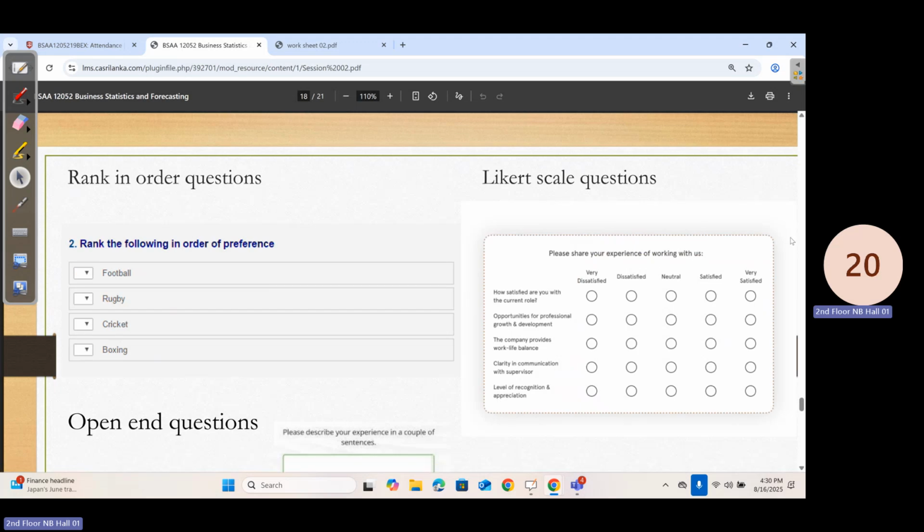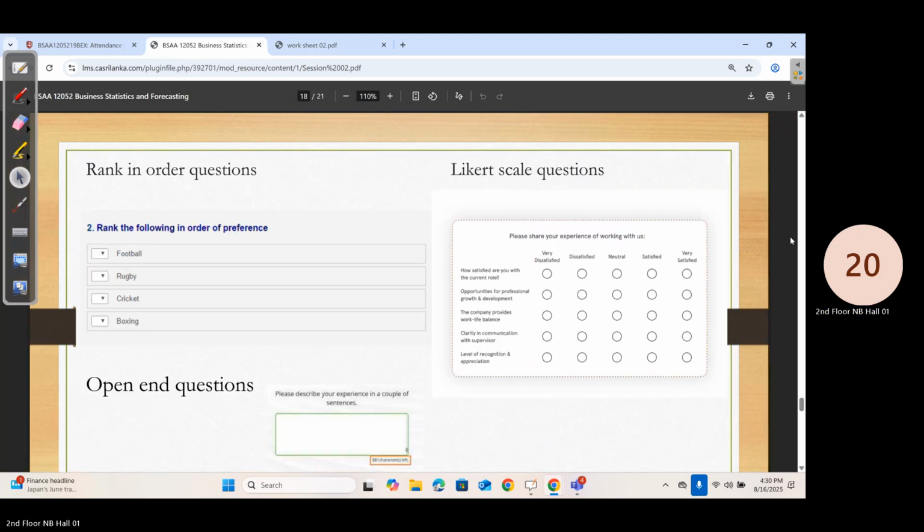The other question type is Likert scale questions. Normally here at the campus, in the 3rd week and the 11th week, they collect feedback from the students, and they give Likert scale questions. It consists of 10 or 15 Likert scale questions, where we put a scale.